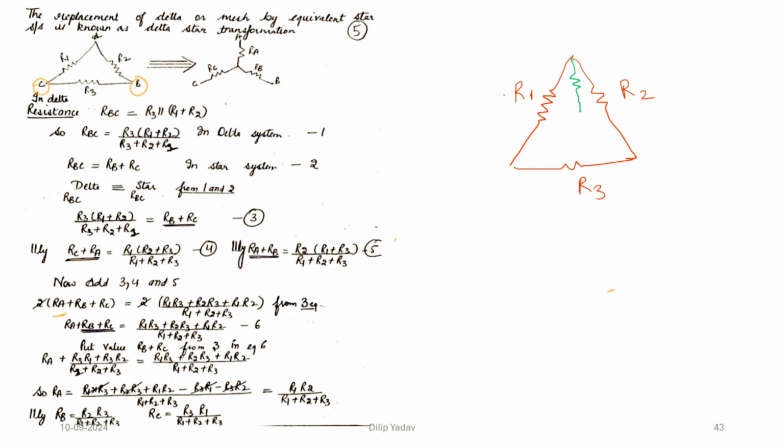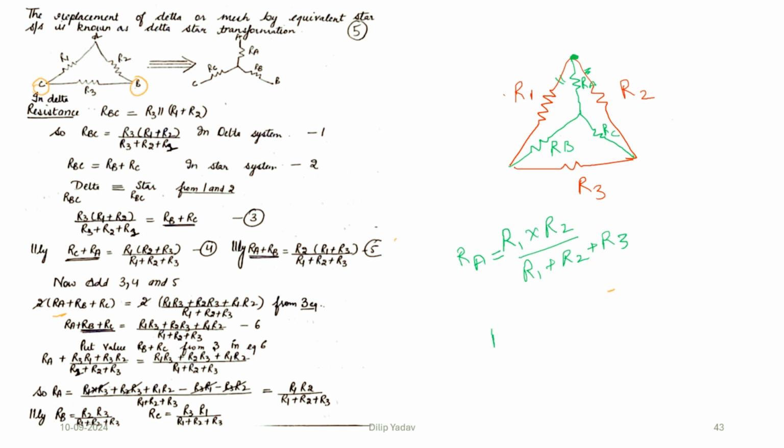This was said to be RA, the other was said to be RB, and this was said to be RC. If I am asked what is RA, if it is a delta, remember this: when we are going from the delta to star, we have to check which two branches are connected with RA. R1 and R2 are connected. So RA is R1 into R2 divided by the total resistance, that is R1 plus R2 plus R3, which will be common for everyone.